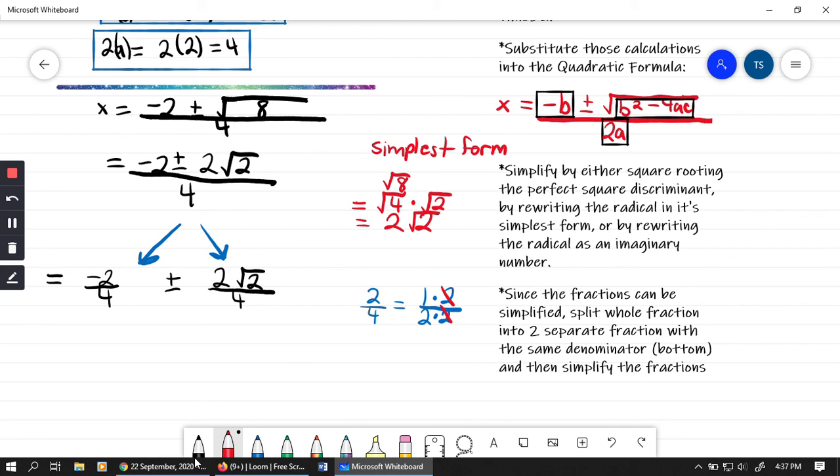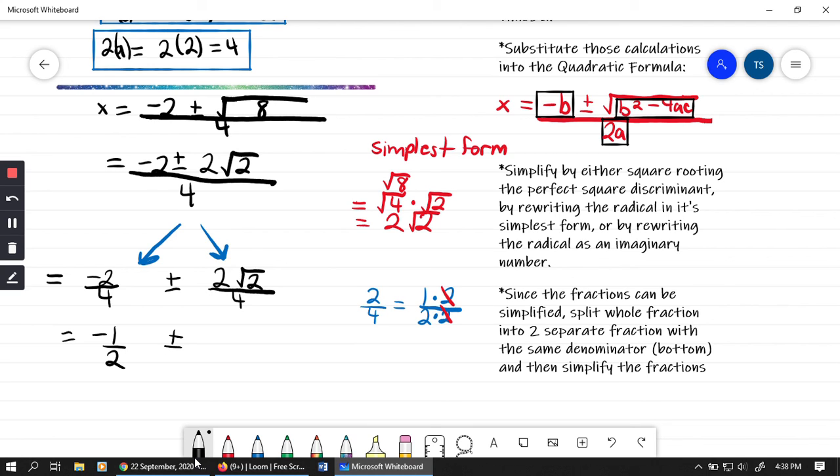Just a quick reminder for those who may not have a calculator that can simplify that fraction for you, because this is technically elementary school stuff. So we simplify these fractions. This is negative 1/2 here, and I'm sure most of us remember that 2/4 is the same thing as 1/2.